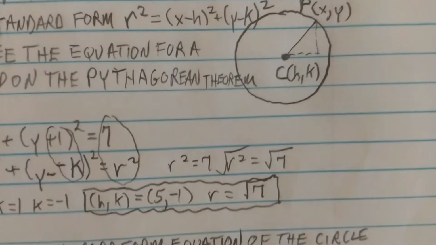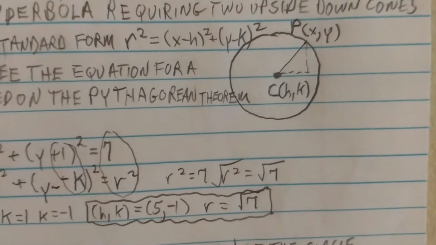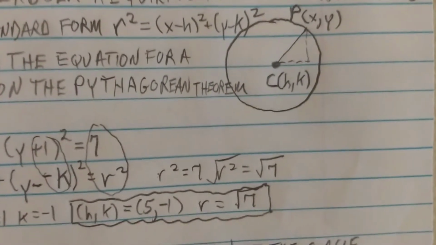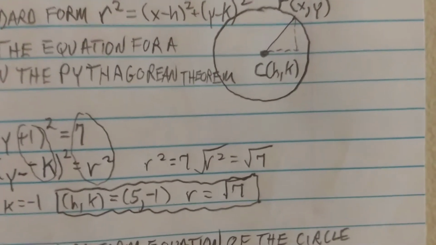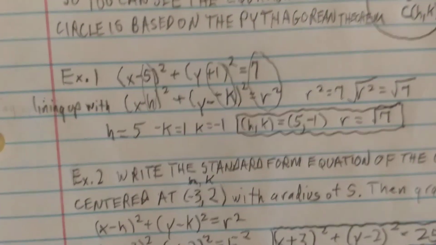That's the upright part of the right triangle. So the right angle is between the x-axis part and going up to the y-axis part, up to the point P. And this is again based just on the Pythagorean theorem.